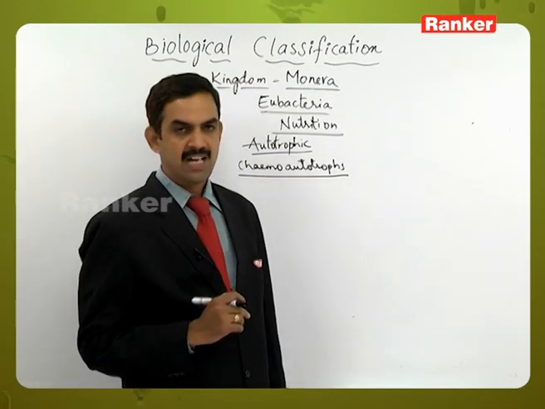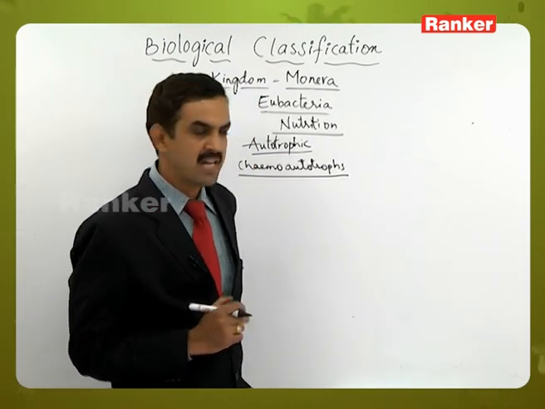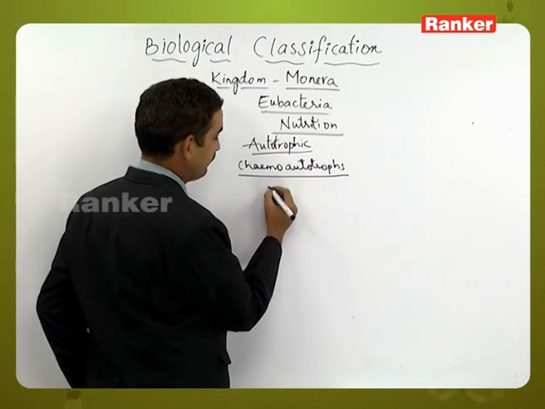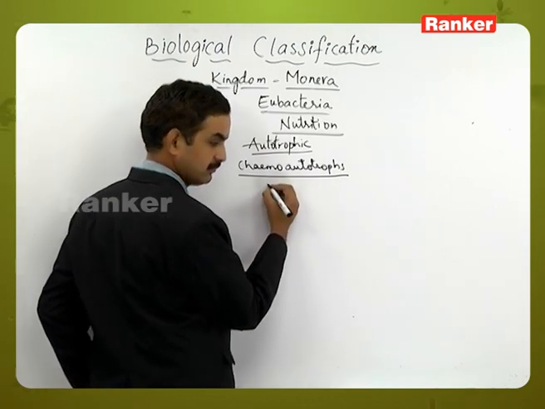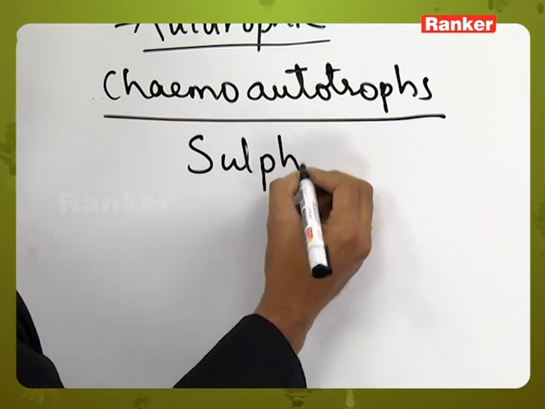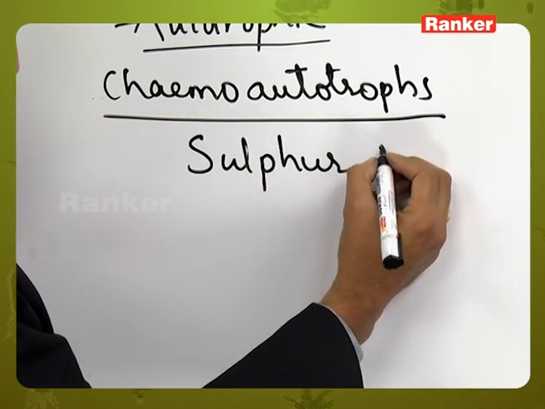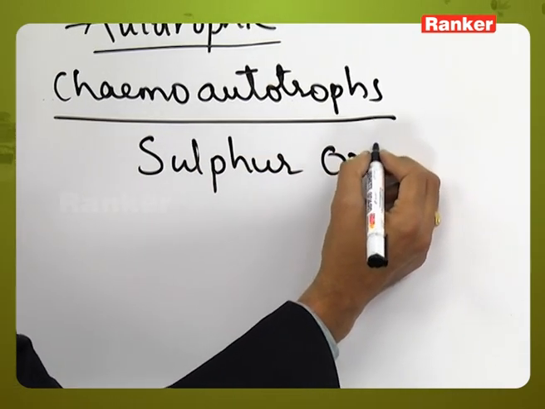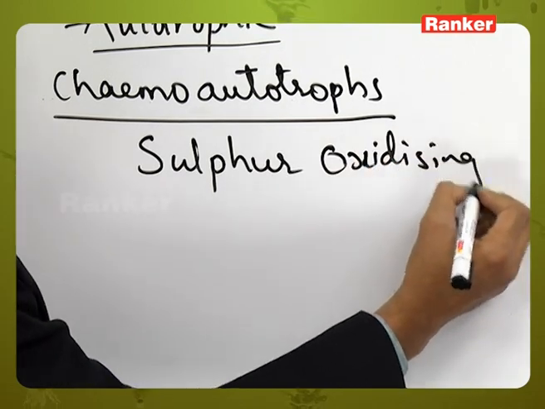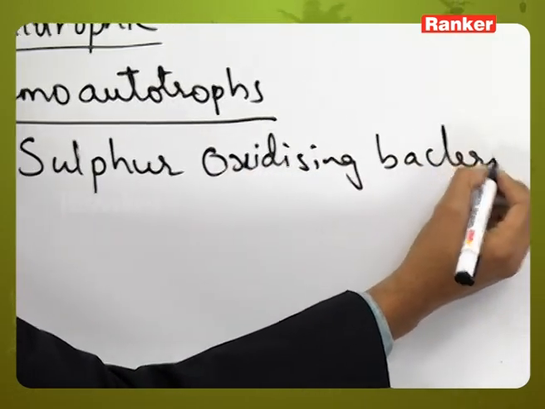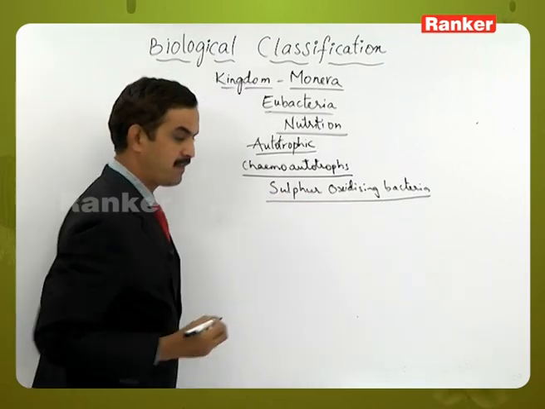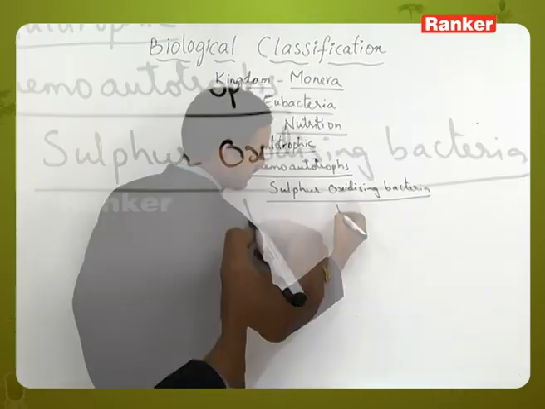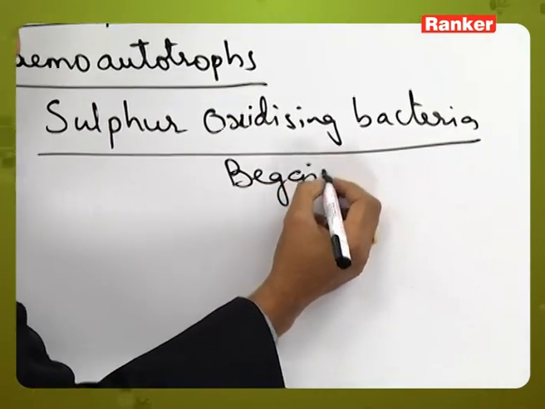Based on the type of chemical that is oxidized, the second type is the sulfur oxidizing bacteria. One example of the sulfur oxidizing bacteria is Beggiota.